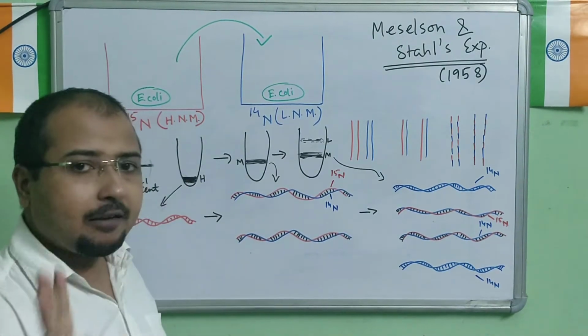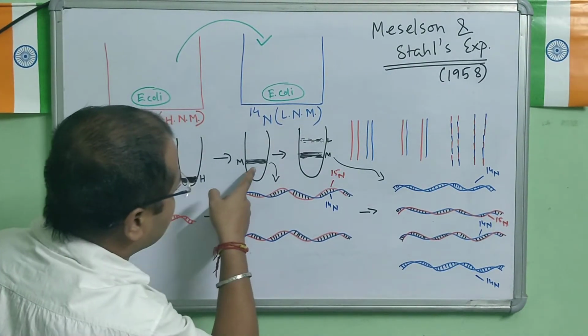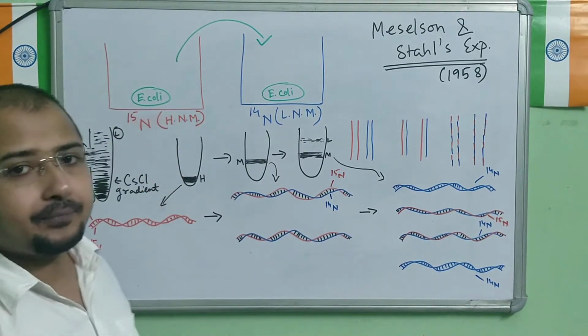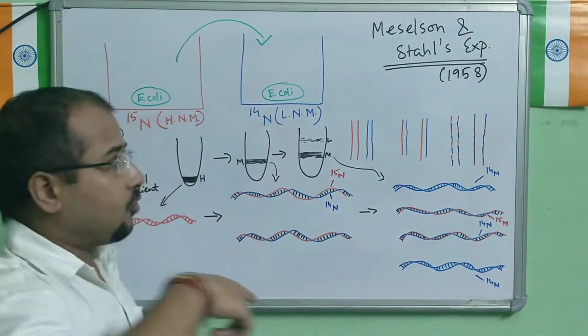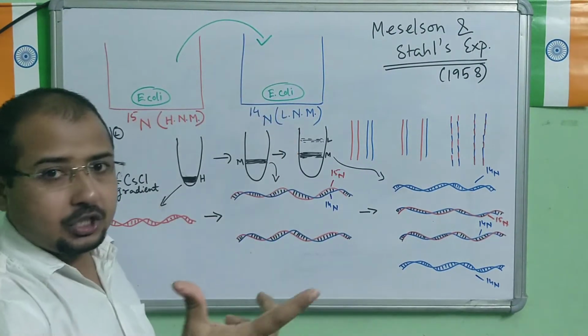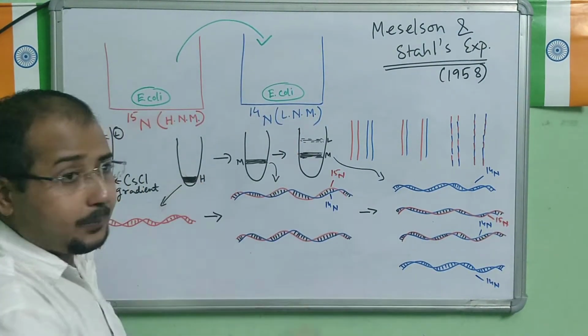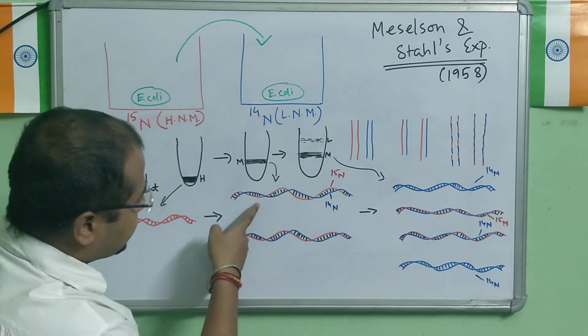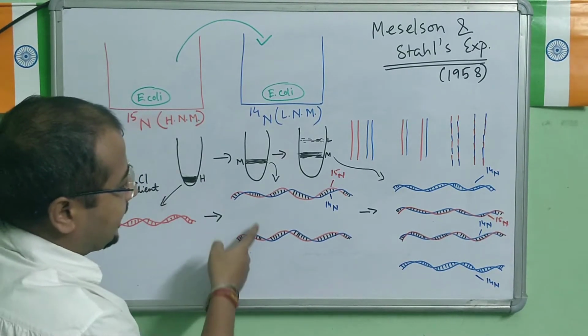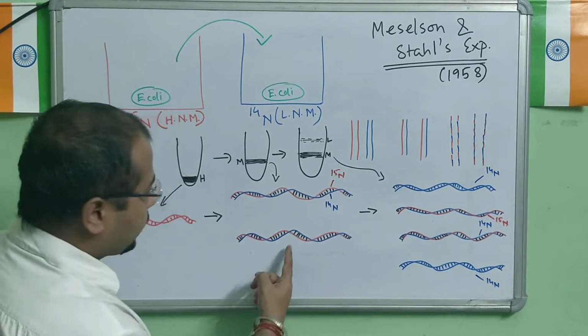Now they found that it forms a medium band. In this case, the second time it was transferred here, the first generation came up with the medium band. So a medium band means this is the condition that I have shown here.